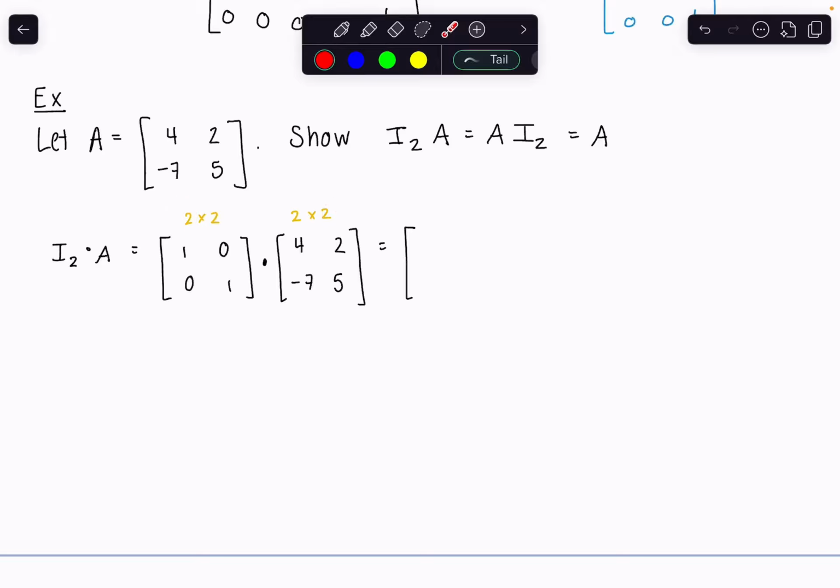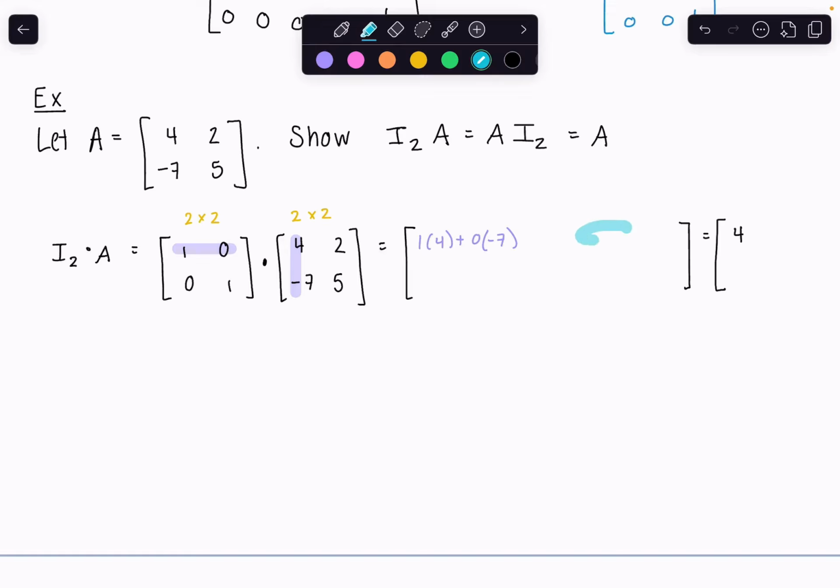To find this first spot, I'm going to take my first row and multiply it by my first column. So that would be 1 times 4 plus 0 times negative 7. I'm going to need a lot more room for the next one as well. That gives us 4 plus 0, so that gives me 4, which is great. That should be my first element.